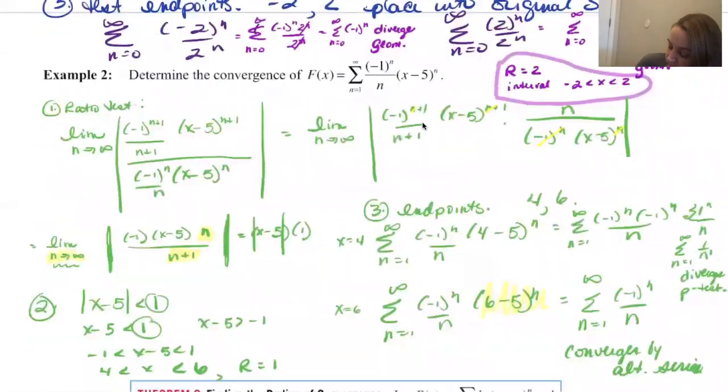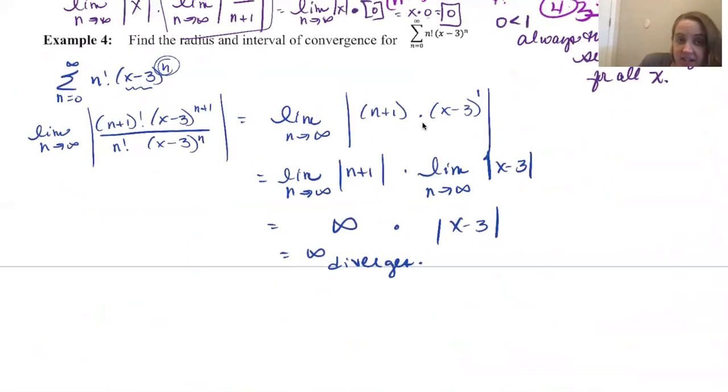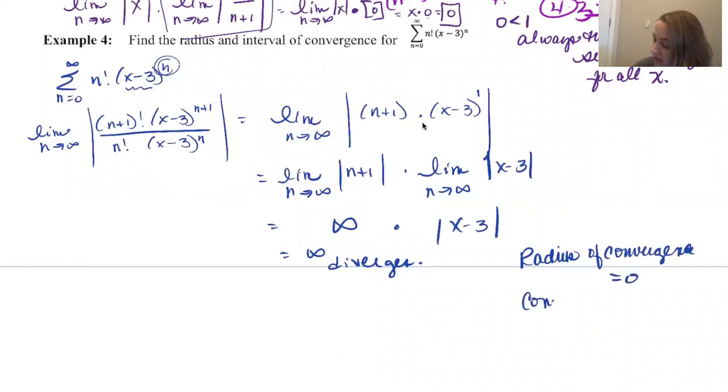So if I look at the problem that we just did, we got that it diverges everywhere but that specific point. So your radius of convergence is 0, and it only converges at x equals 3 because that's where it's centered. The whole thing is centered at 3, so that is the only location of convergence.